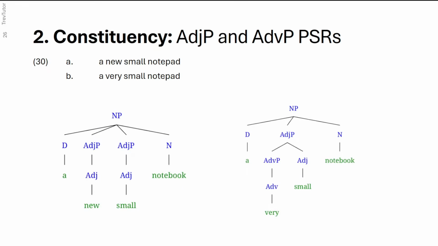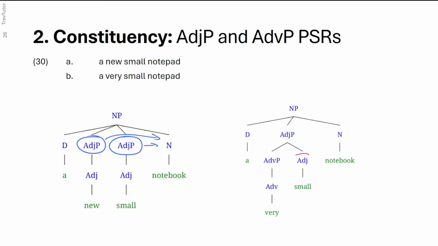So how can we put these together into a structure with a noun phrase? So in the case of a new small notebook, well, a is a determiner, and then we have two different adjectives that form their own adjective phrases, so new and small. And because these are beside the noun in the tree, this signals a modifying relationship. That'll be changed in the future, but for now, that's what being a sister means in this case. Now, in the case of a very small notepad, we notice something different.